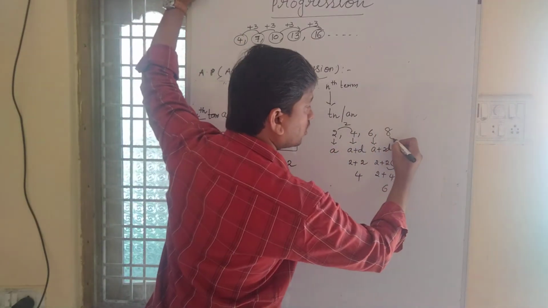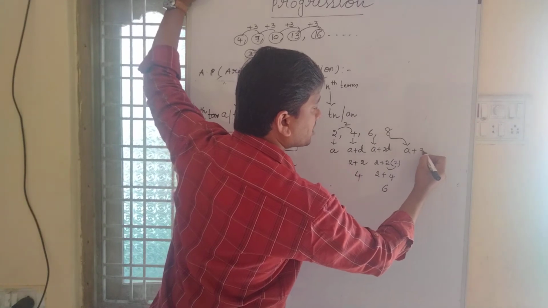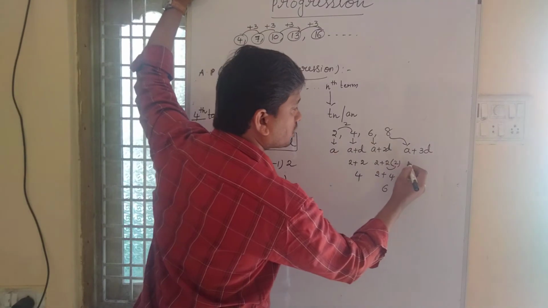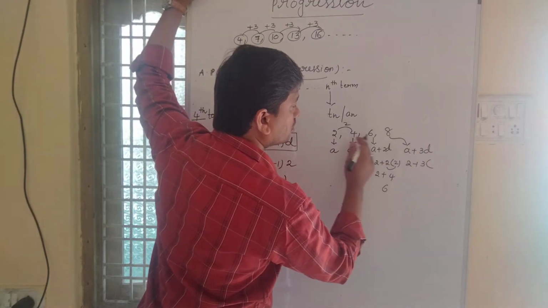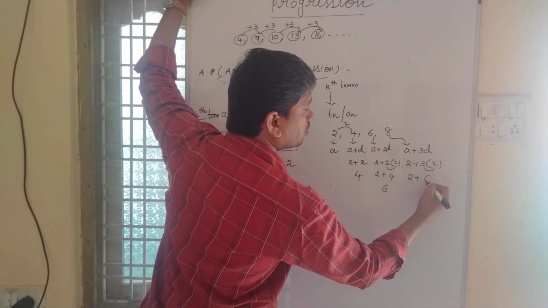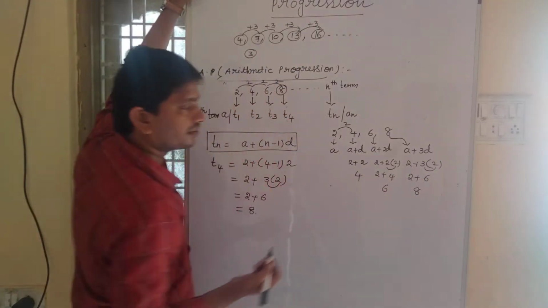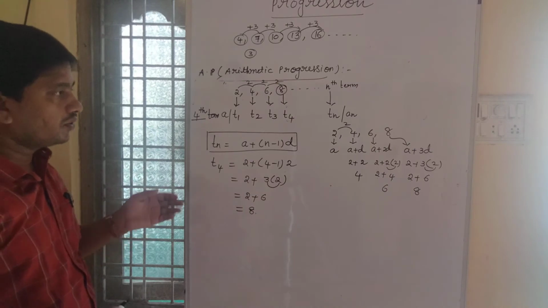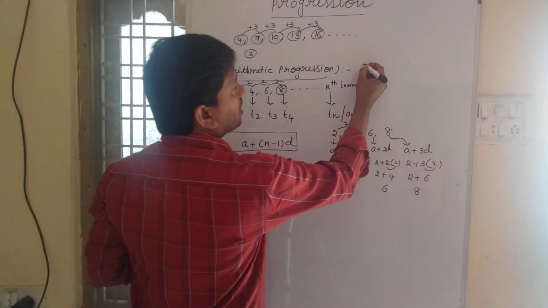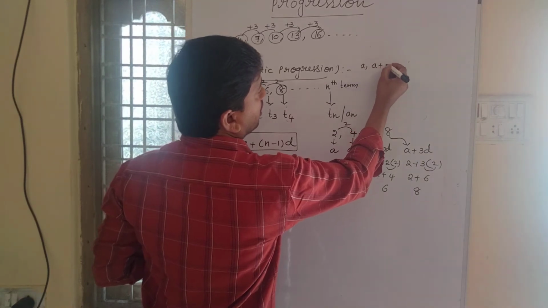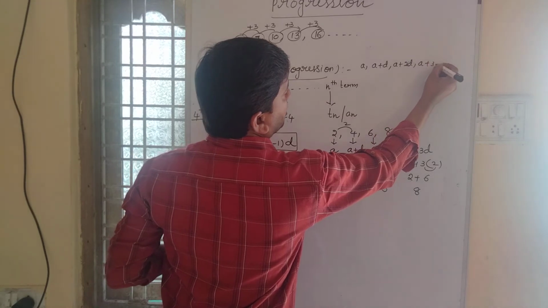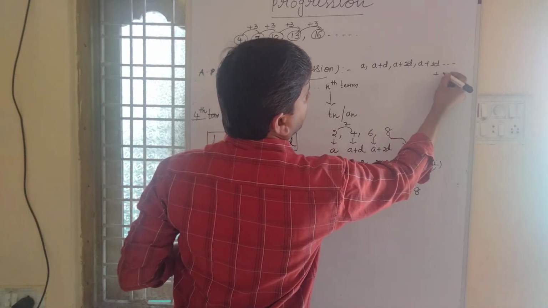Now what about the fourth term, children? Fourth term is A plus 3D. So A value is 2 plus 3 into D value 2. I mean 2 plus 3 2s are 6. 2 plus 6, 8. So if you observe the general form of an AP, actually the general form of AP is A, A plus D, A plus 2D, A plus 3D and so on.